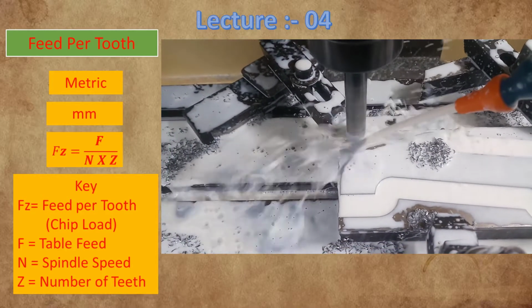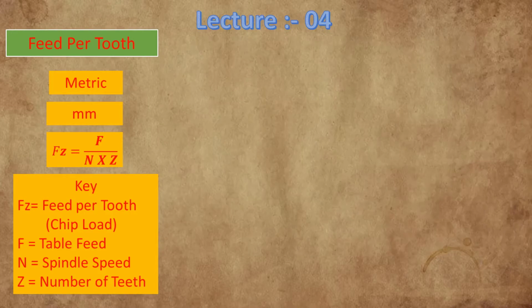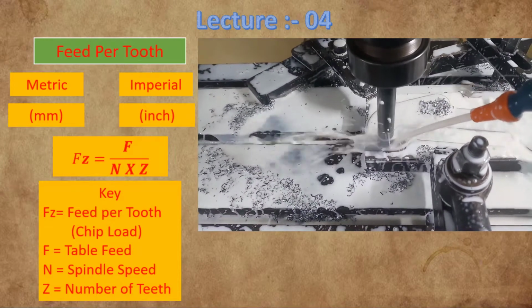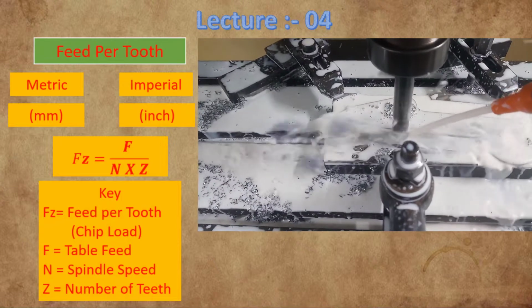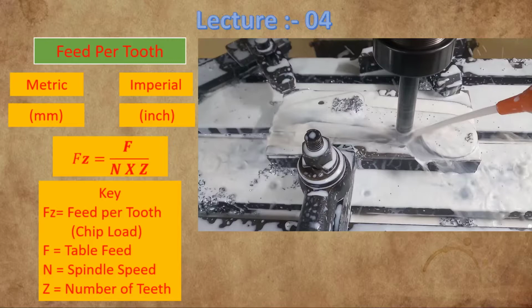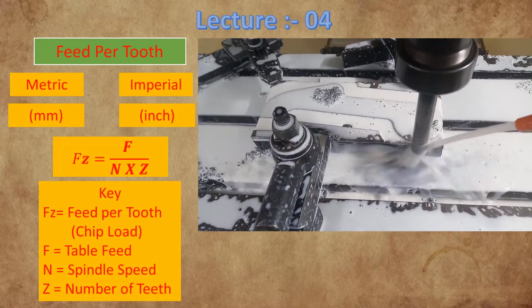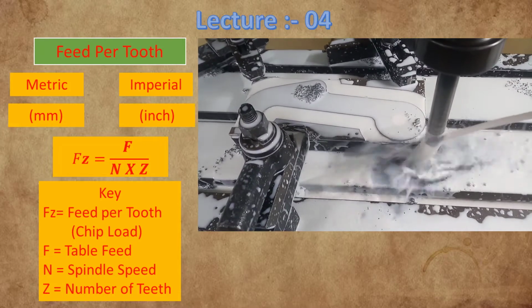This is how we come to our feed per tooth or chip load, and the imperial equation is exactly the same. What makes it imperial or metric is the table feed that we give. So the table feed gives us whether the answer is imperial or metric.